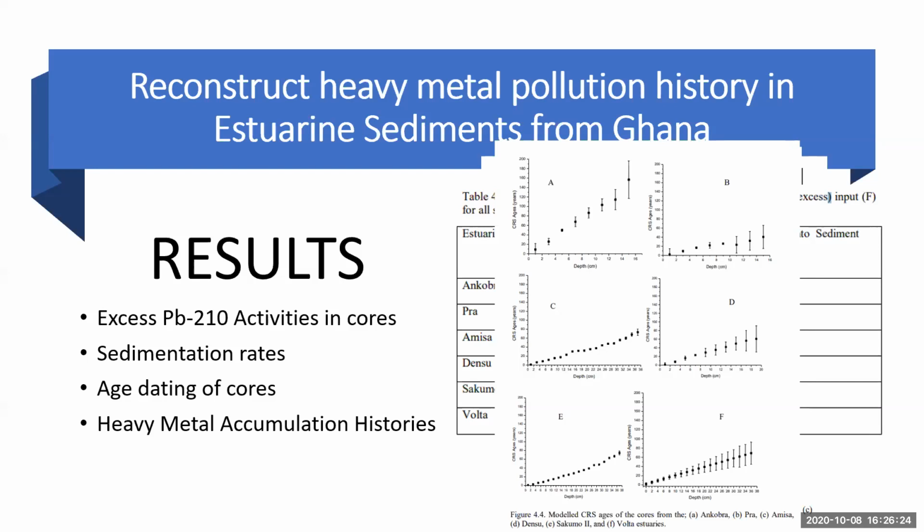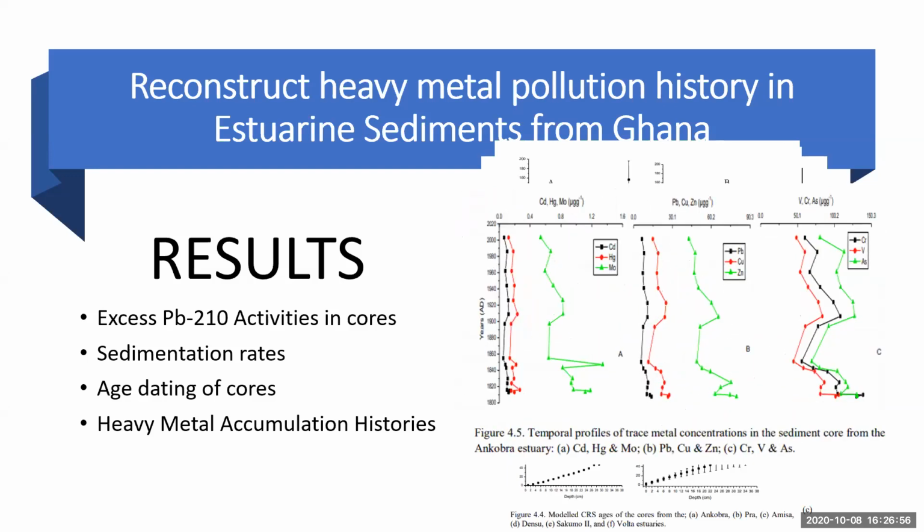And then for the Volta estuary, we're able to go as far as about 100 years as well. So basically, we're able to date all these 6 estuaries, and this was very novel for Ghana because this was the first time that such a study had been carried out that goes back into the history to know what has happened in the past.